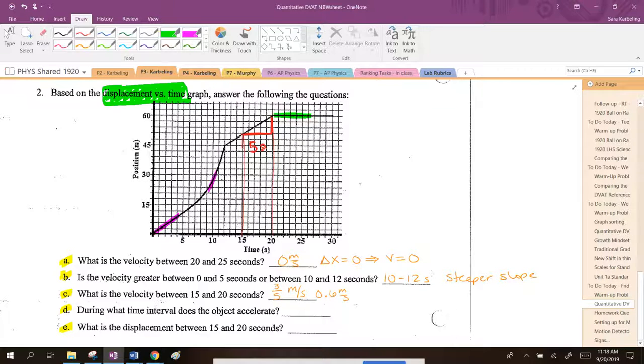Got to look at the scale, right? That's just something I wanted to make sure that we saw. So it's 5 seconds this way, but each of these boxes is actually worth 3 meters. So it's actually a rise of 9 meters in 5 seconds. So I'm going to change that to a 9 and change this to 1.8.